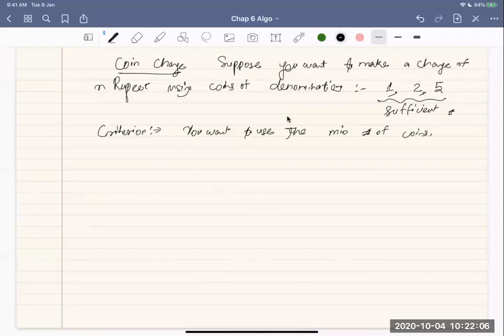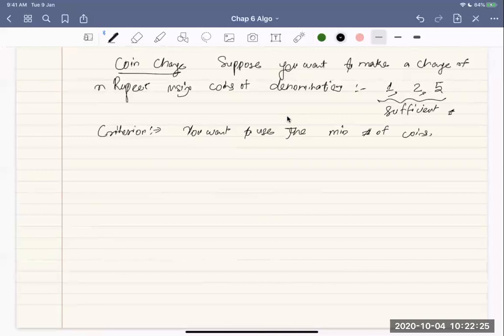Using all 1 rupee coins will not work because maybe there is a better possibility using a 2 rupee and 5 rupee combination. So this is your problem. Now you have just learned dynamic programming. How will you solve it using dynamic programming?